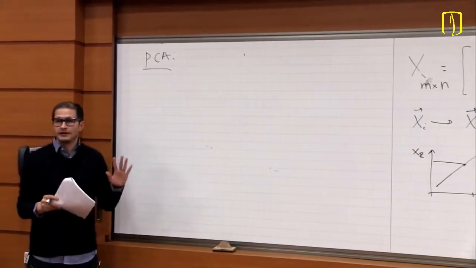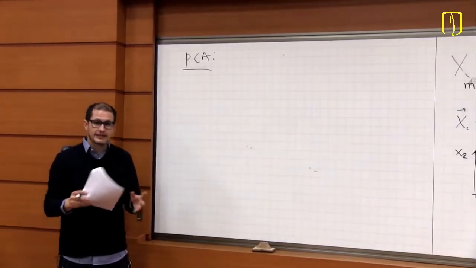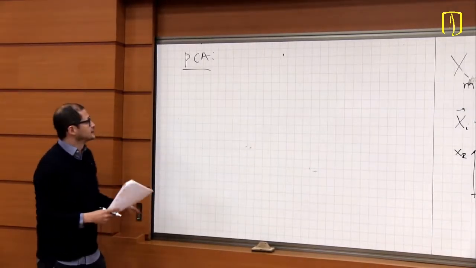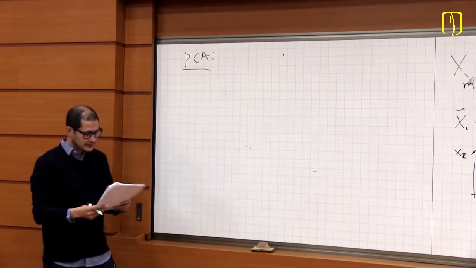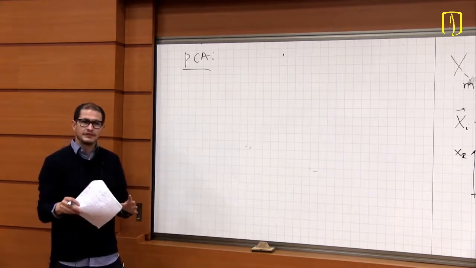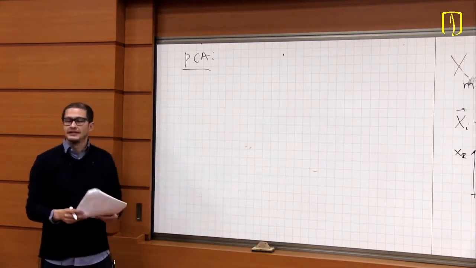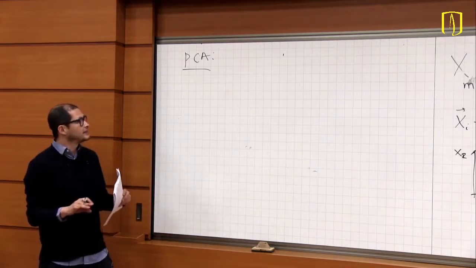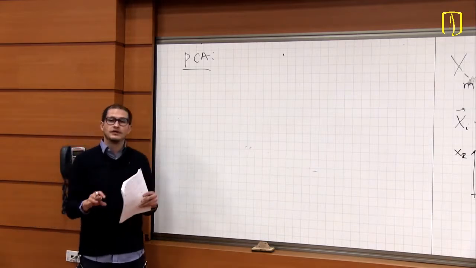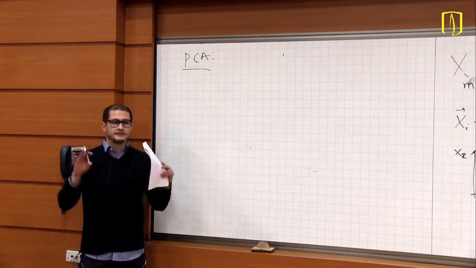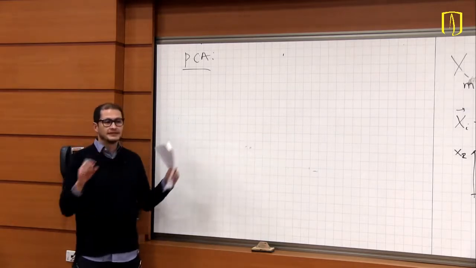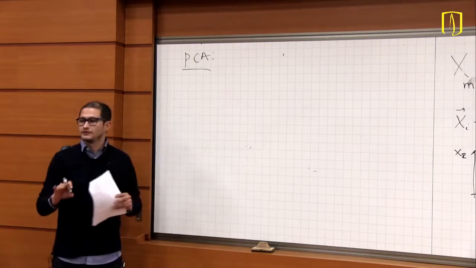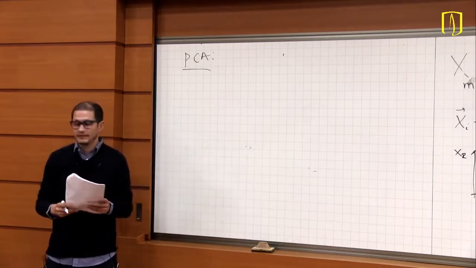I'm going to give you one based on linear algebra, which I think is the simplest, the one that brings the least amount of ideas. And then I'm going to explain two ways of thinking about PCA that are not this initial version that I'm going to describe in detail.